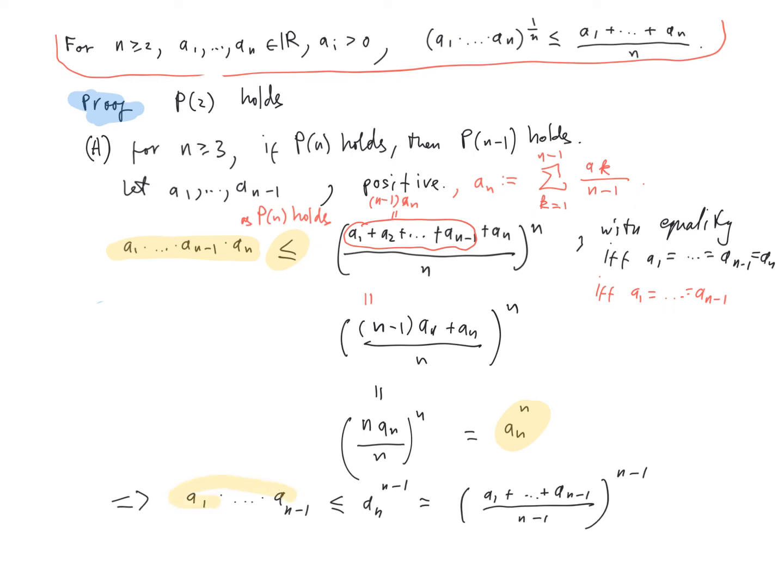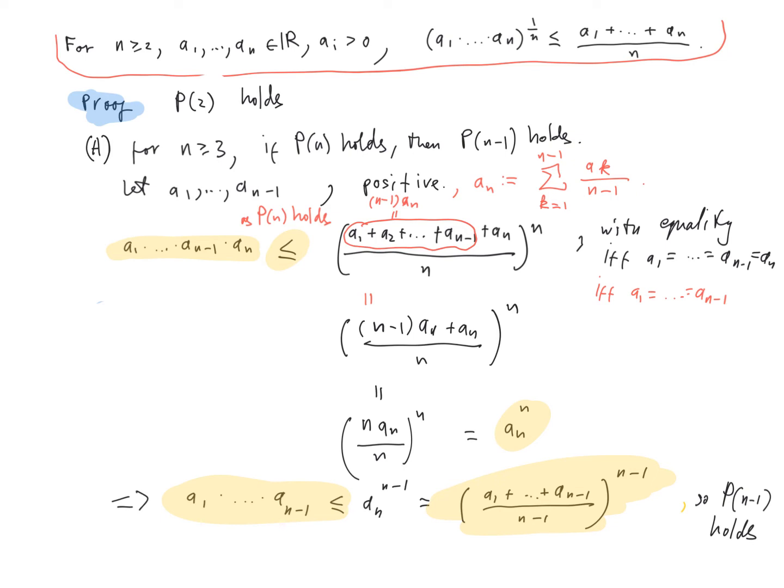So comparing the left-hand side of this inequality and the right-hand side, we see precisely that this is the condition p of n minus 1. So we conclude that p of n minus 1 holds.